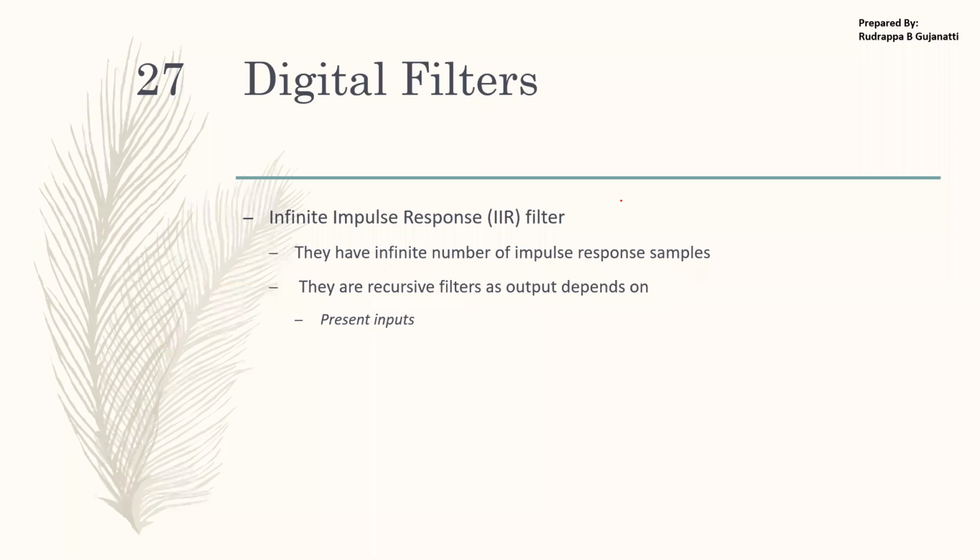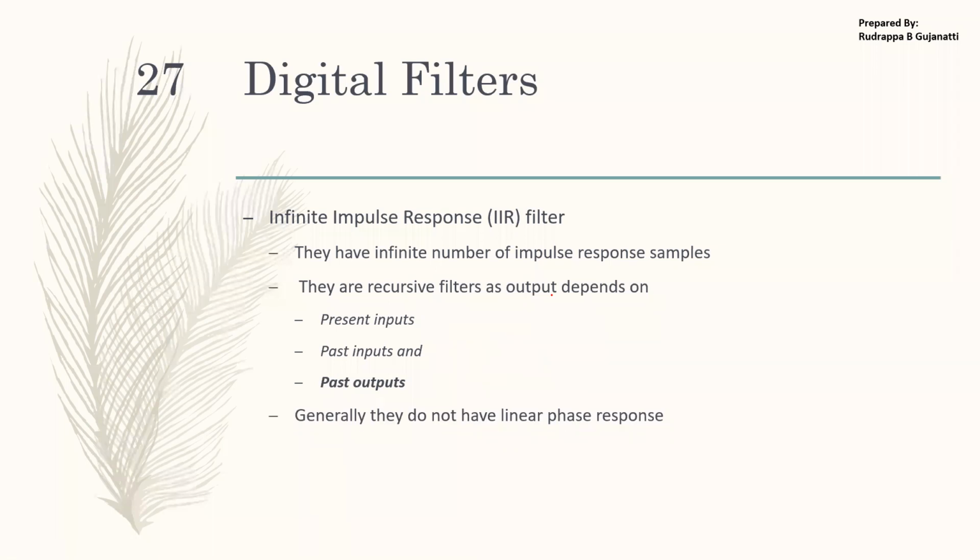So recursive filters depend on present inputs, past inputs, and the past outputs. This was not there previously. If it is dependent on only the first two, it turns out to be an FIR filter. If all three come together, then it will be an IIR filter. So this is with respect to the IIR filter.